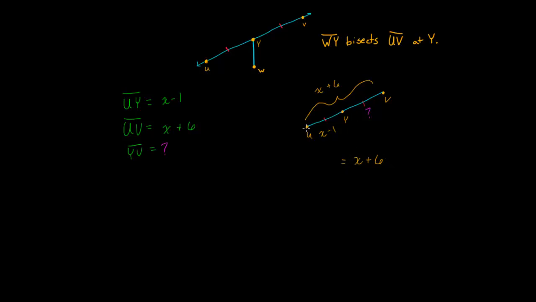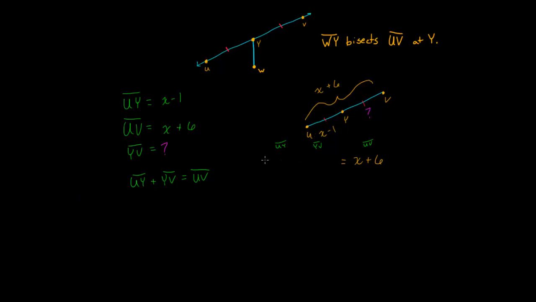Let me write down a whole equation here. We're going to have UY plus YV equals UV. So this right here will be my UV. Now I need to put in a YV and a UY, and we're going to add those together.